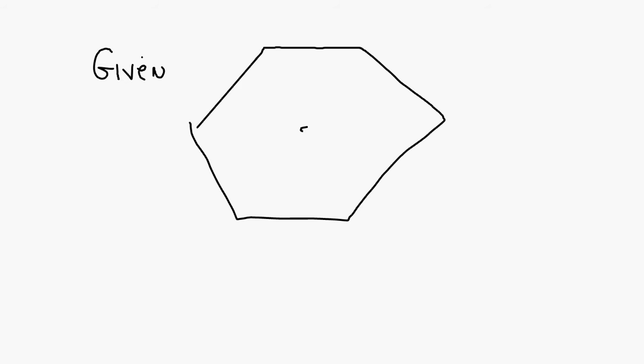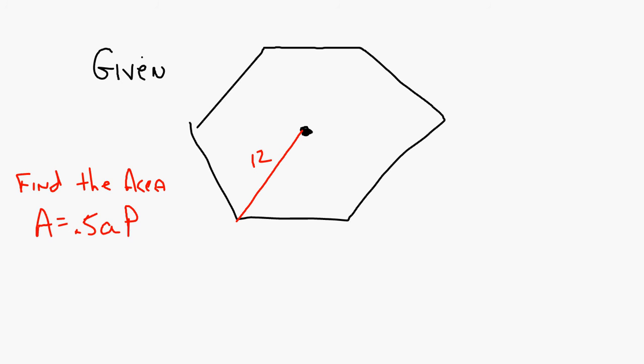Now, you're given this only. And it is 12. You're asked to find the area. So your area equals 0.5 times the apothem times the perimeter.